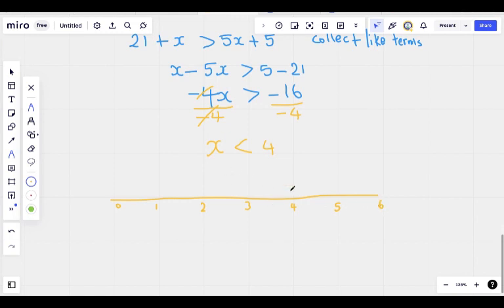So x is less than 4, you come to this place, you draw only a circle, you don't shade it, and since less than is going to the left, you go to the left. Okay, so that's that for the inequality. Now they want the positive integers. The positive integers are 1, 2, and 3, because they say x is less than 4. 1, 2, and 3 are the positive integers for this problem.